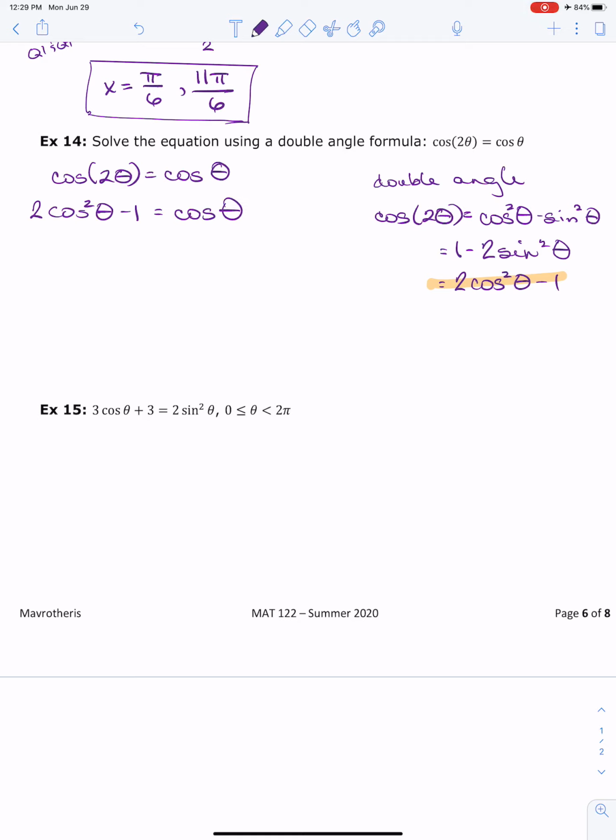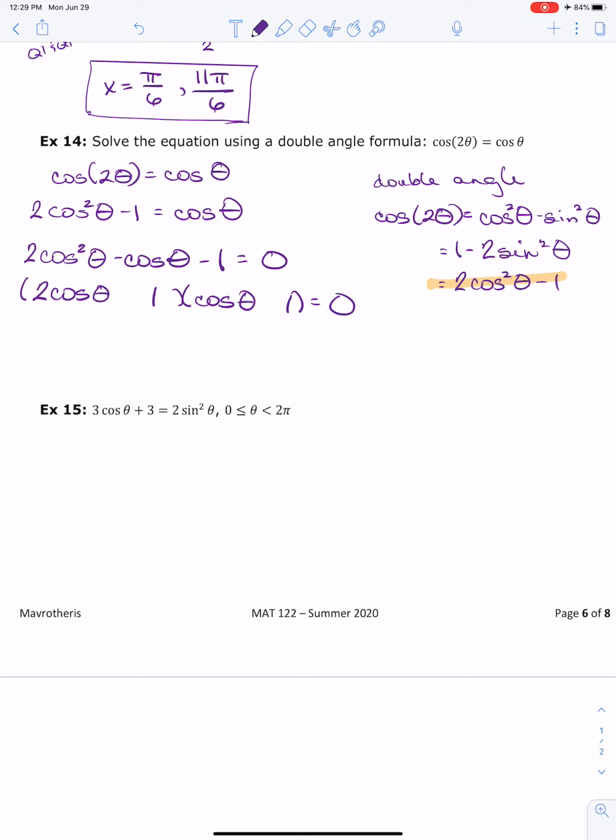Now this is starting to look a little more quadratic. I want to get everything on the same side, so I'm going to subtract cosine theta from both sides. I get 2 cosine squared theta. I'm going to write it in descending order, so minus cosine theta minus 1. And now I'm going to factor. I could substitute in with an x, but given that I just have a 1 here, I think I should be okay.